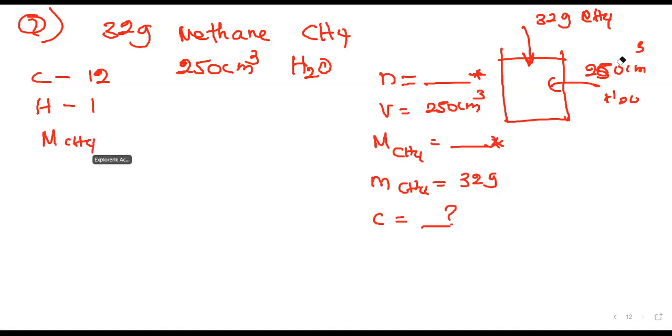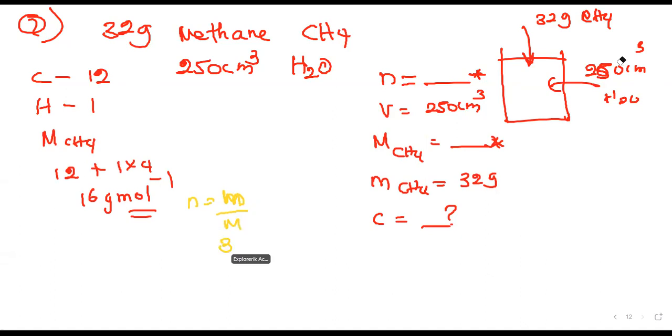Okay. So work out the molar mass of methane. Carbon has one carbon atom and 4 hydrogen atoms, 1 into 4, right? That is going to be 16. 16 g mole minus 1 would be the molar mass of methane. Okay. And then you can find out in 32 grams of methane how many moles would be present, right? So you can work out n equals m over capital M. Given mass is 32 grams.